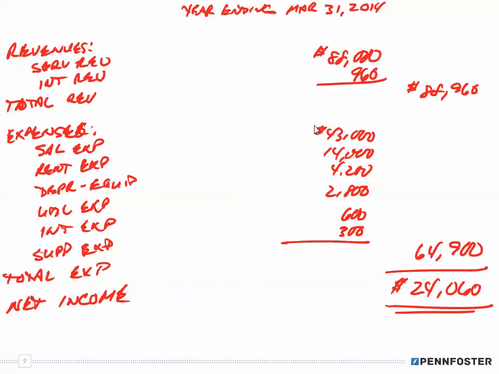Now, the solution says it was moderately successful because they earned 24,060. Now, I would call it successful because they did have a net income, meaning they had more revenues than expenses. However, the solution says it's moderately successful, and I have to disagree with that, in that you don't know whether it was moderately successful or not because you don't have anything to compare it against.